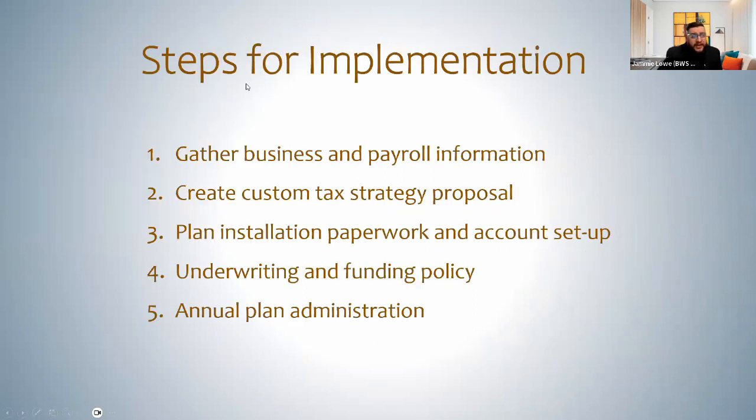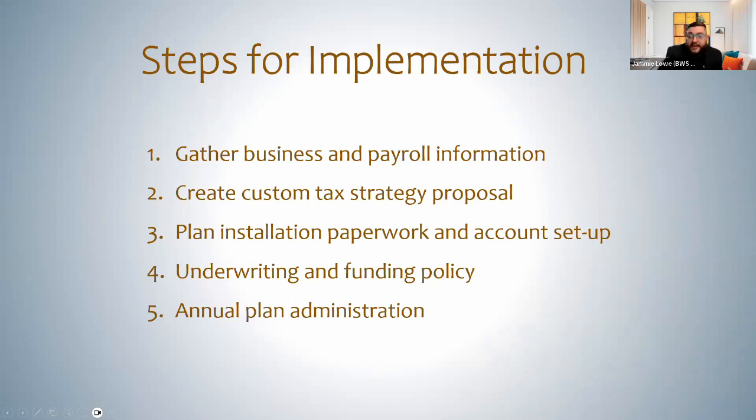Now, some of you might be thinking, I do have a business owner who could benefit from this. What would the next steps look like to get something going? We would love to meet with you either before or on the call with your business owner. We would just be gathering some business payroll information. We would then be sending that information off to our actuary team.